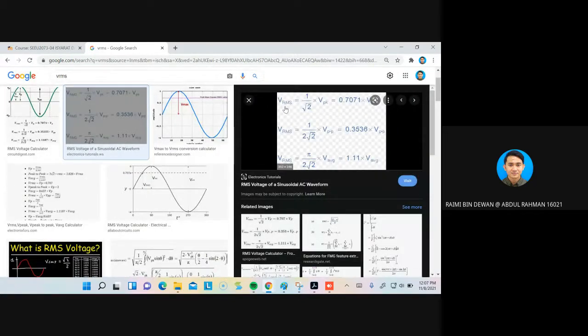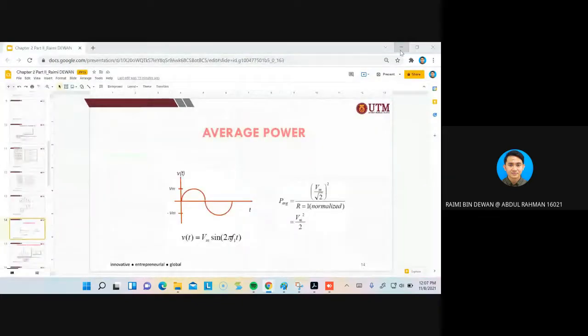So VRMS is usually V peak over square root of 2. Or VRMS can also be V peak to peak divided by 2. Why do we divide by 2? Because V peak to peak is double. So here, this is V peak to peak, 1 over square root of 2.